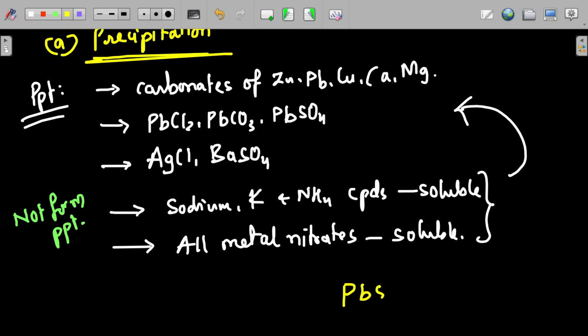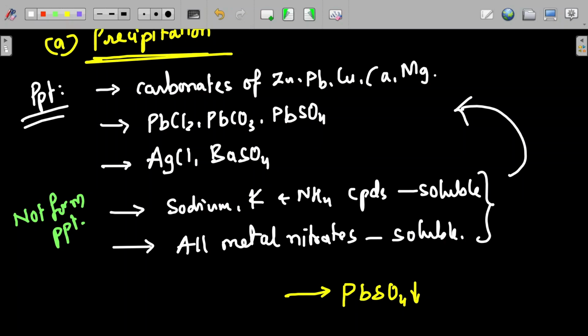lead sulfate. First of all, you should know lead sulfate is a precipitate. Then only you can write the equations. Sometimes they will mention directly prepare lead sulfate by double decomposition or precipitation method, or using some reagent also they can mention. Those we will see. But one example I'm giving here. See, lead sulfate precipitate I want to get, but I don't know.